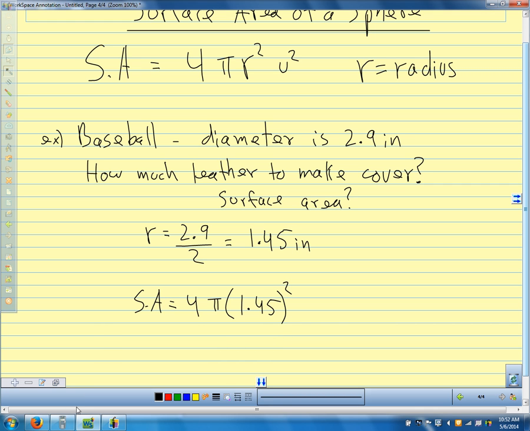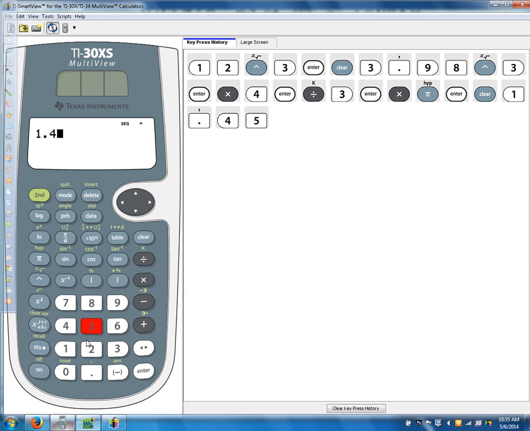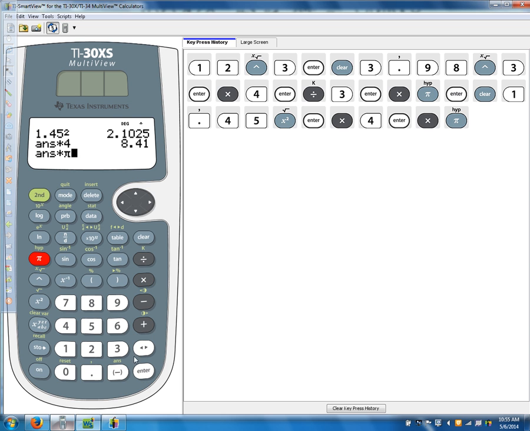So let me go to my calculator, clear that out. I'm going to do 1.45. I'm going to square that. I'm going to multiply that by 4. And I'm going to multiply that by pi. And I get 26.42.